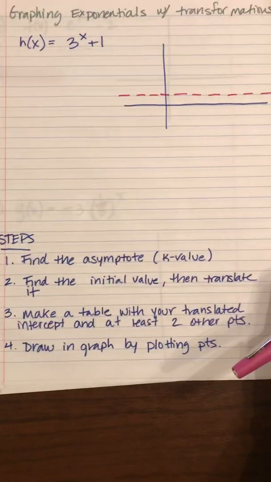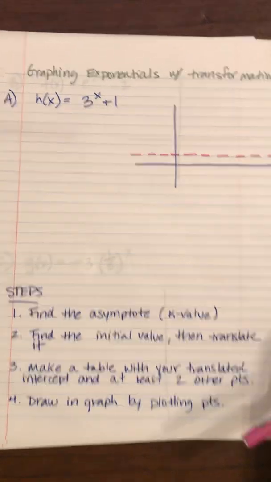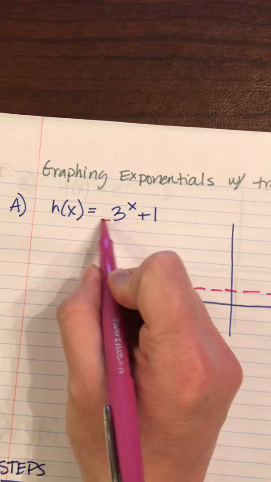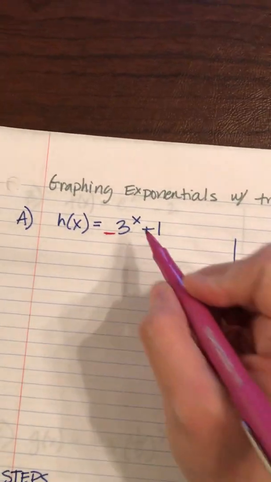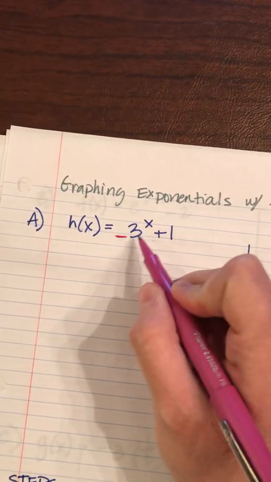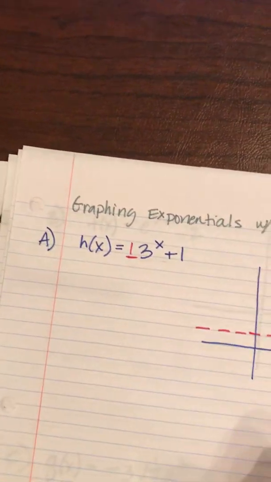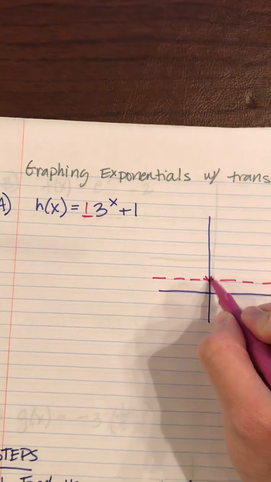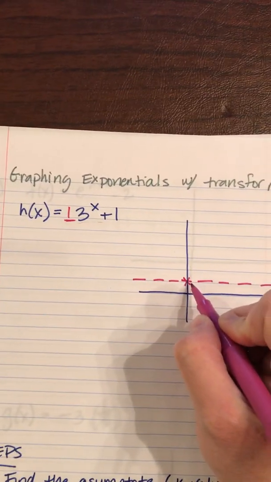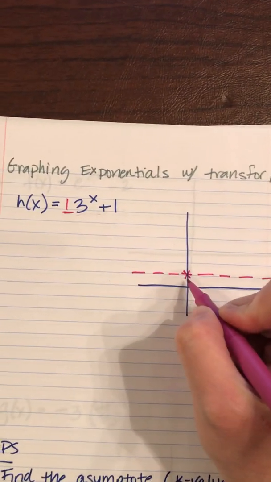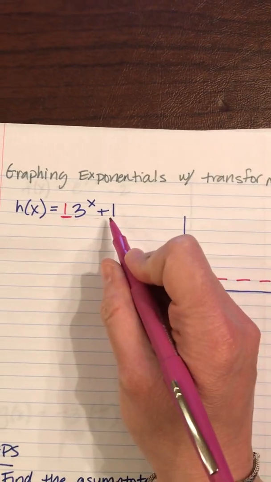If you go to the steps down here, it says find the initial value, then translate it. So remember, the initial value is the number that's being multiplied by the value that's being raised to the x. So it's not the 3, it's the number out in front. So in this case, it's 1. What I do is I put an x on the y-axis at that initial value. So in this case, it's 1, and then I translate it.